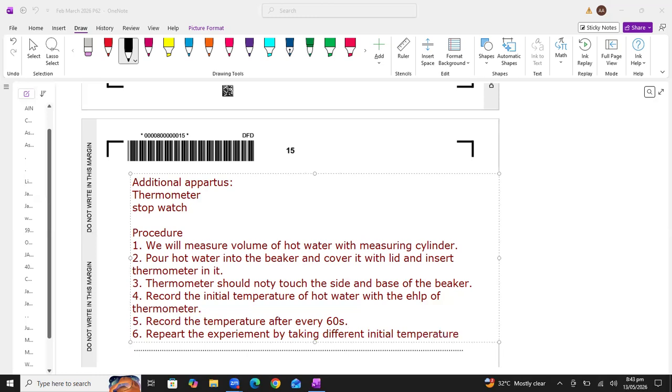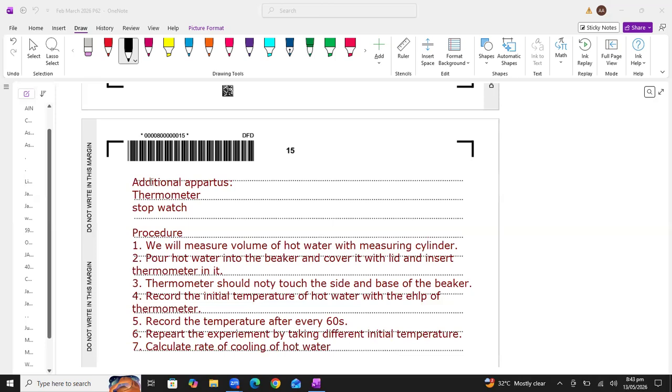All right. Are you understanding this procedure, students? Okay. In the last, we calculate rate of cooling of hot water. So this is the whole experiment which we have to perform, which they have asked.